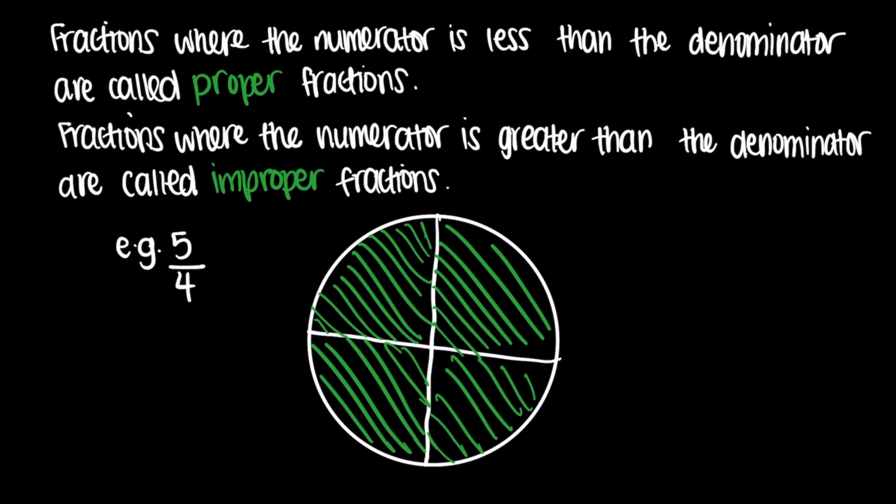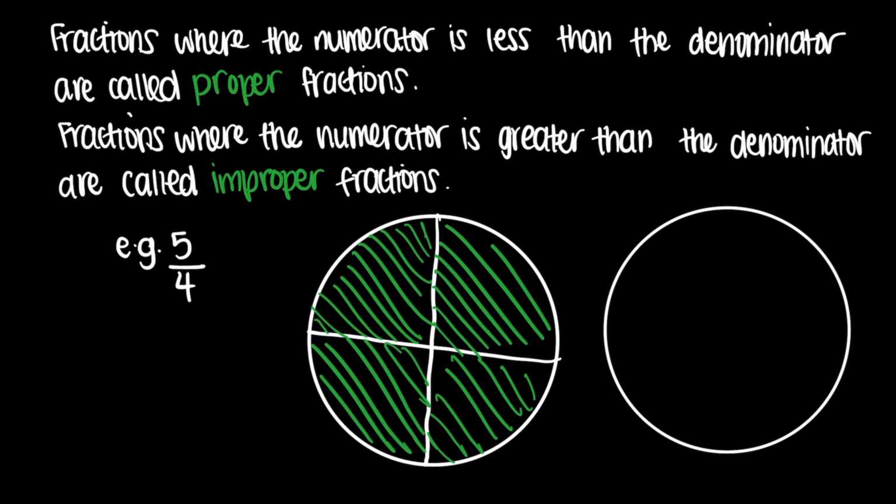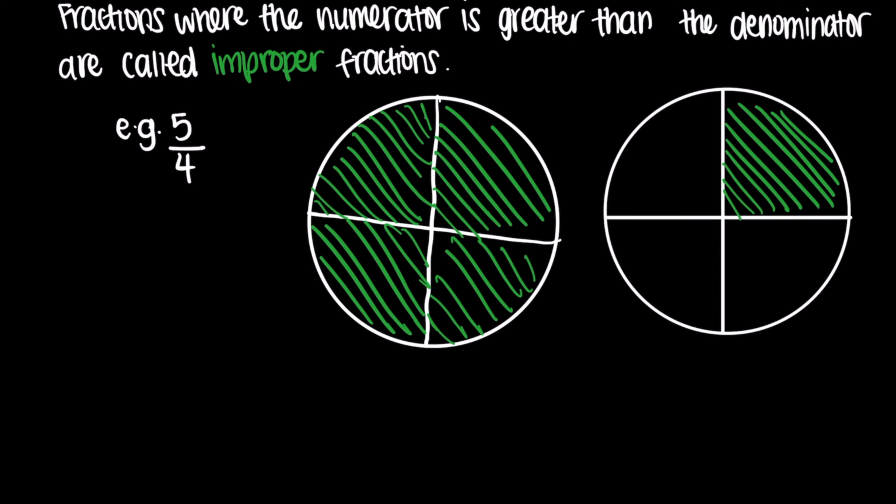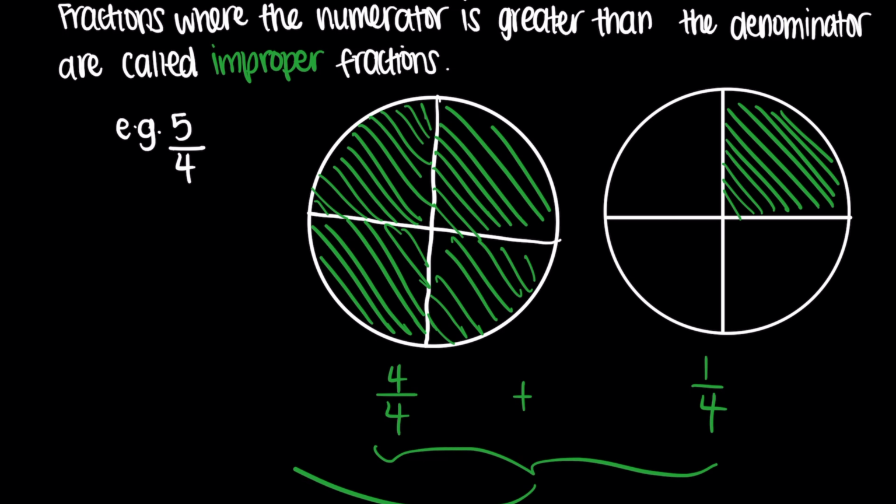So what we do is we actually would draw another pie, divide it into 4 again because our denominator is 4, so that we can get this 5th part. So this would be the visual representation of the fraction 5 over 4, where we have 4 out of 4 of one pie, or one entire pie, you could say, and 1/4 or a quarter of another pie. So when we add these two together, we get 5/4 or 5 over 4.